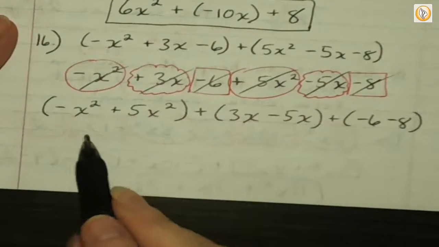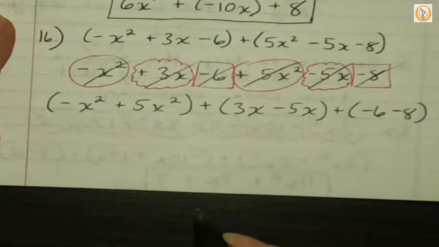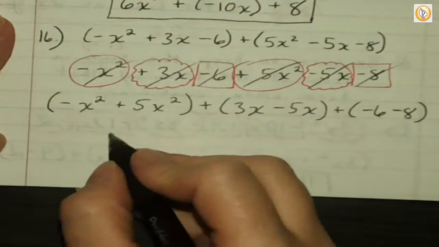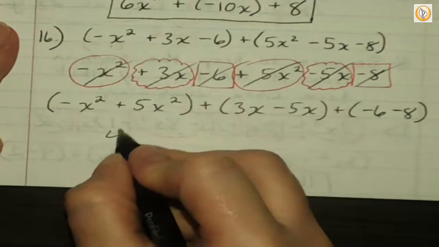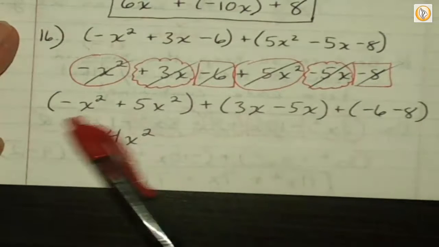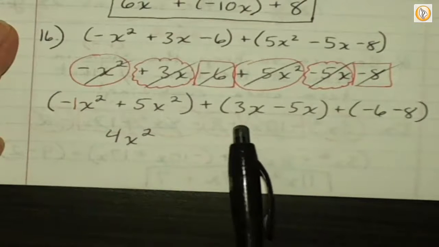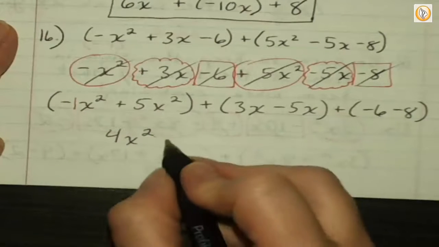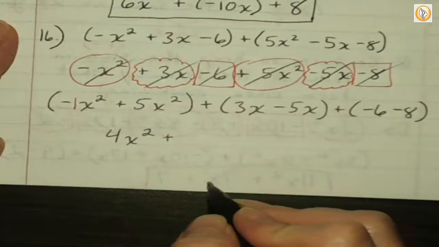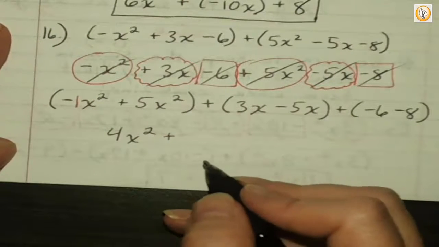All right, Cecilia, negative x squared plus 5x squared. What does that give me? 4x squared. Perfect, Cecilia. Because remember, if there's no number here, we pretend there's a 1. Okay, Cecilia. 3x minus 5x. Negative 2x.